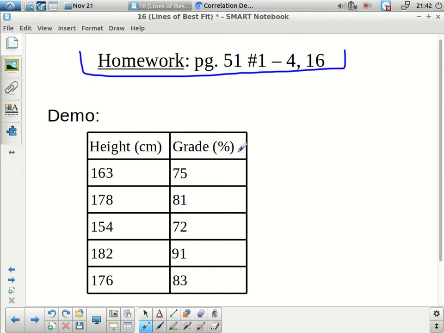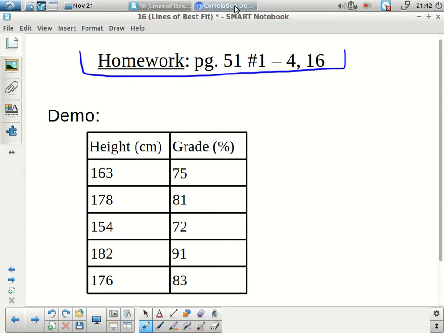I'm going to do it twice, once with Google Sheets and once with Desmos. You might want to pause the video, load Google Sheets in another tab, and try to follow along, go back and forth, or maybe work with a partner to practice how this works.